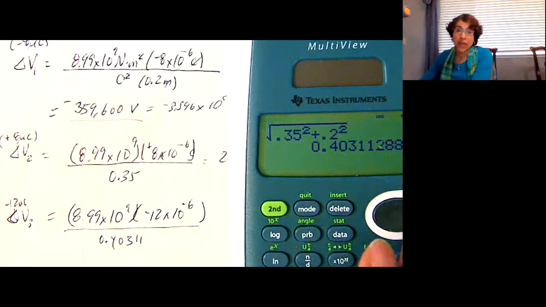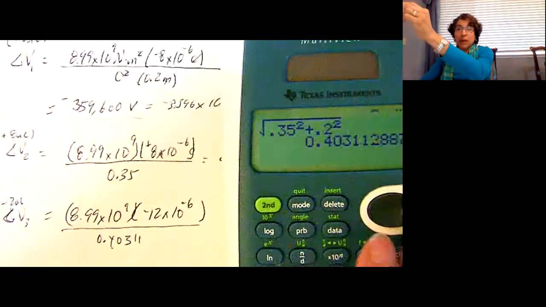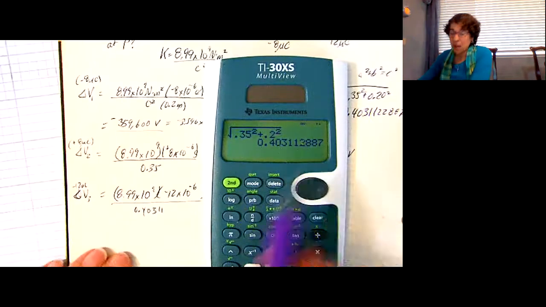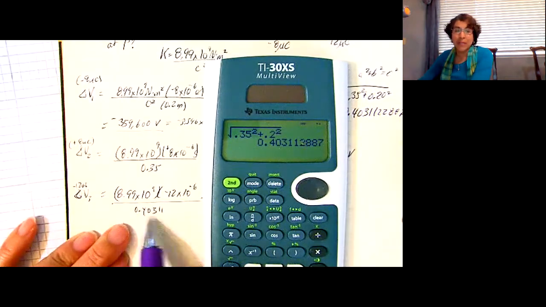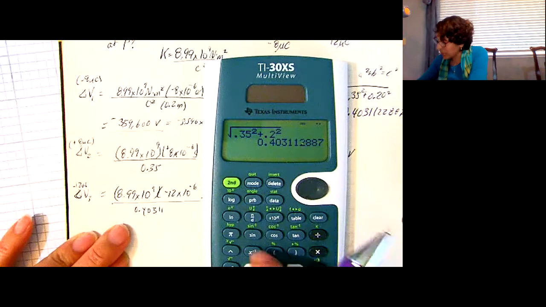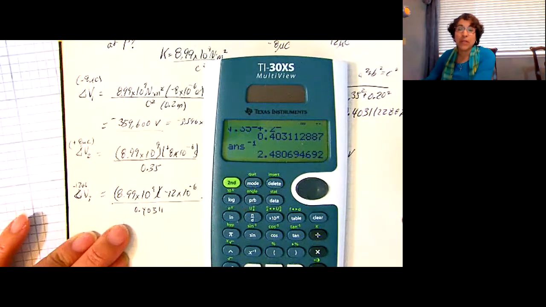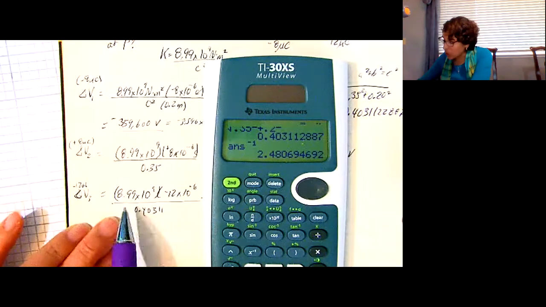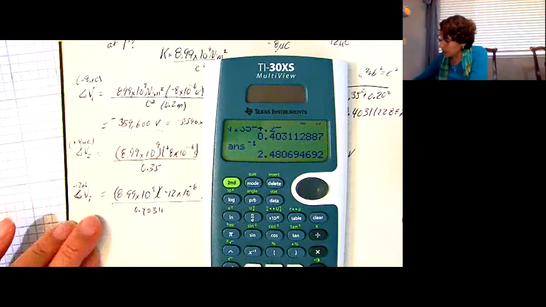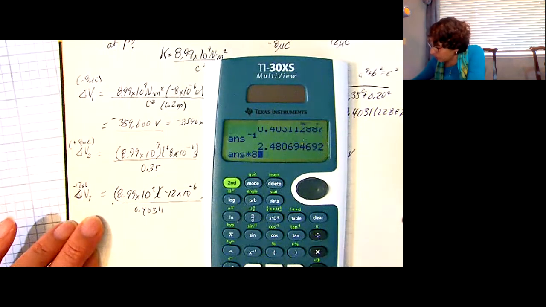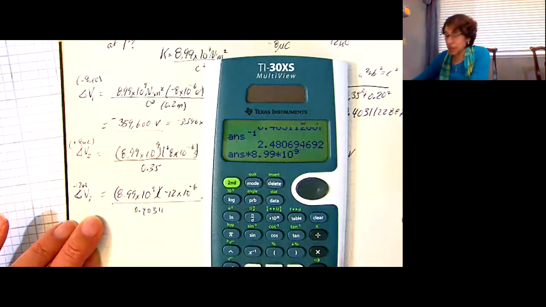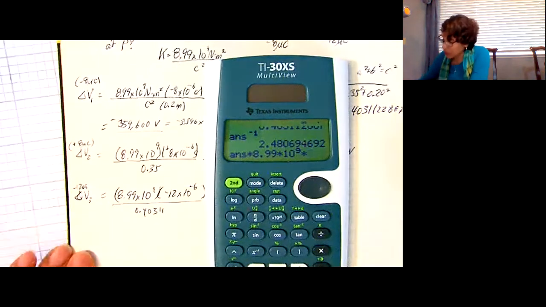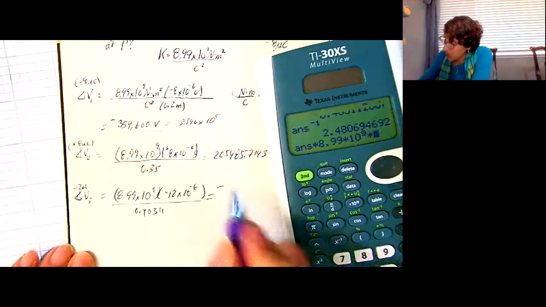So I'm going to leave this in my calculator and take the inverse of that number, 1 over that. Okay, so there's the inverse. Now I'm going to multiply everything in the numerator: times 8.99 times 10 to the 9th, times 12 times 10 to the negative 6, and I have to remember it's going to be a negative number.